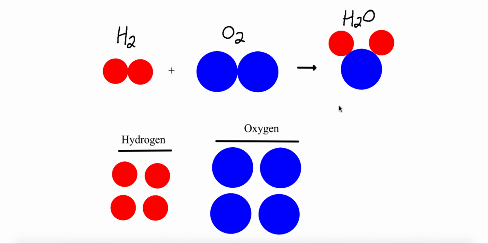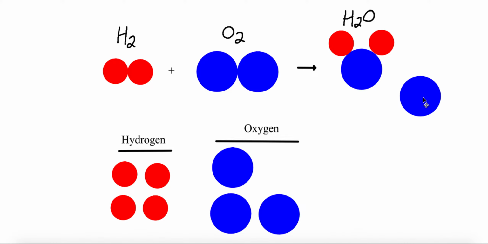So that means that if we have two oxygen atoms to begin with, which of course we do because oxygen is diatomic, then there should be two at the end. Now, if I just bring over a random oxygen atom on my product side, that's not exactly right because this reaction is making water.